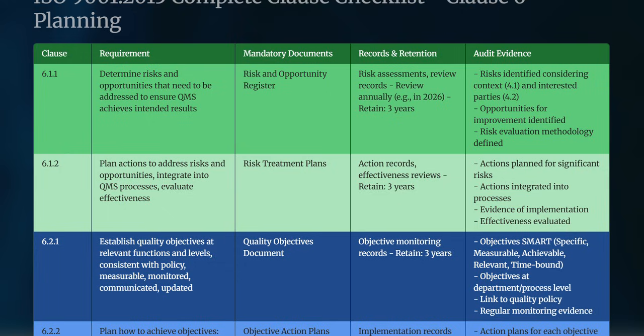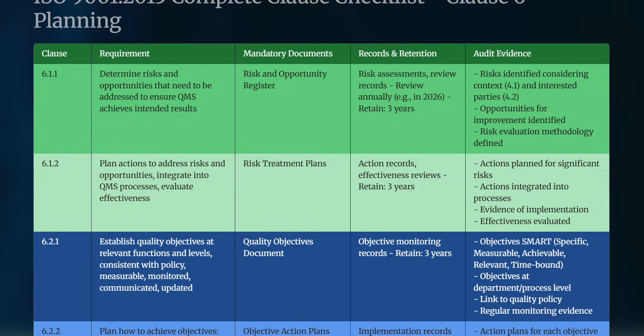The evidence you need to present to the auditors is proof that risks are identified considering context, clause 4.1, and interested parties, clause 4.2. You also need to prove that opportunities for improvement are identified, and show proof that a risk evaluation methodology is defined.